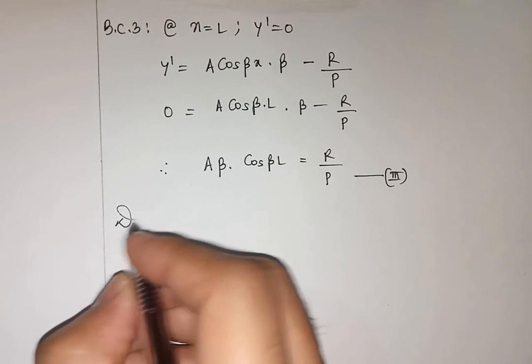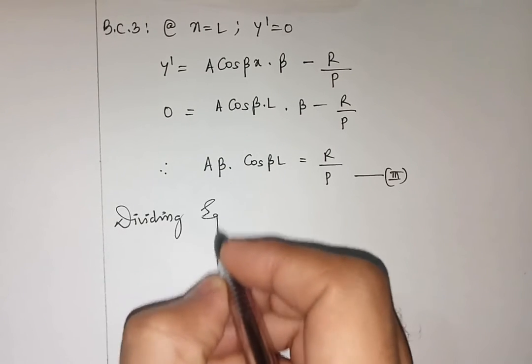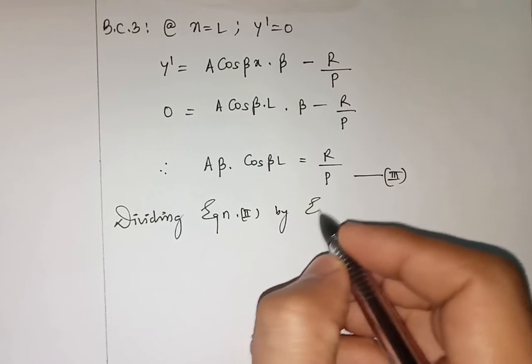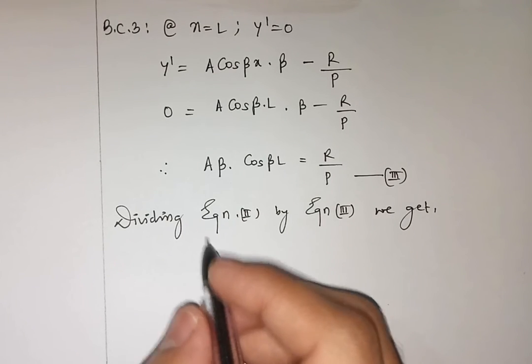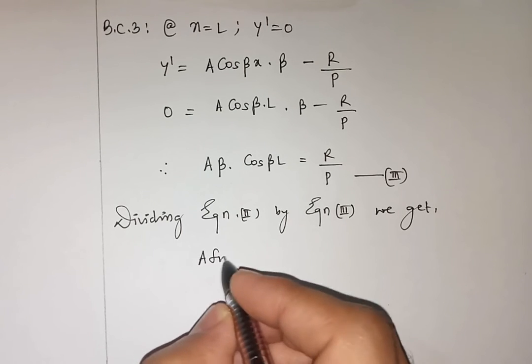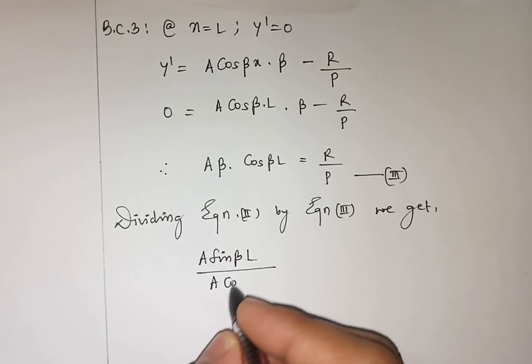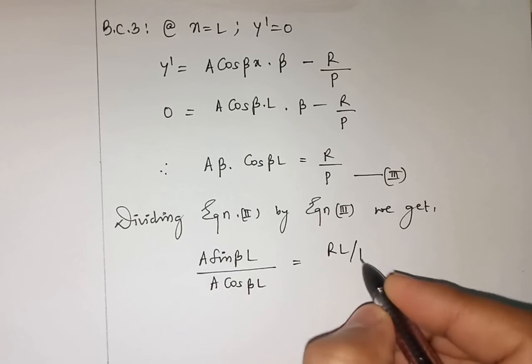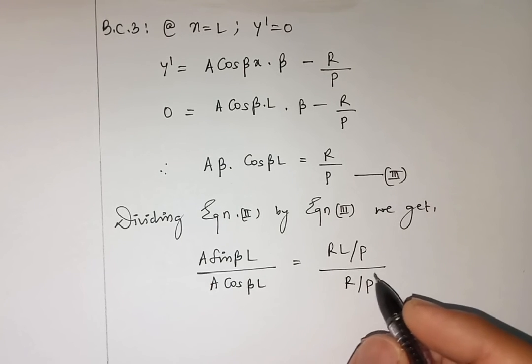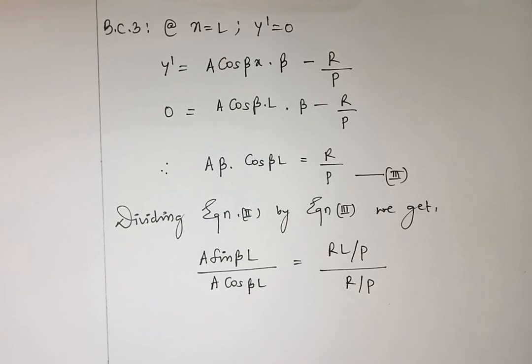Dividing equation 2 by equation 3, we get a sin beta L divided by a beta cos beta L is equal to RL by P divided by R by P. If you just resolve this, a and a get cancelled.